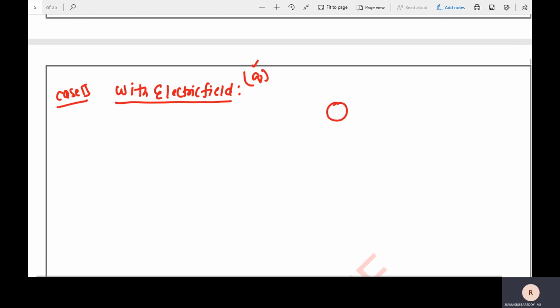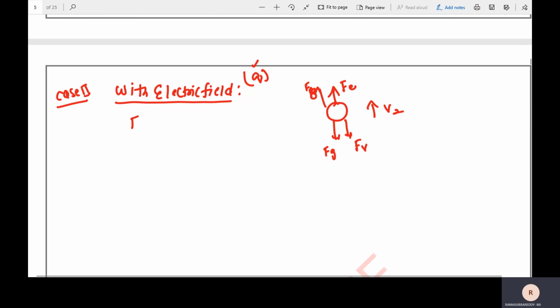In this case, this is our oil drop moving with velocity v2 upward. It experiences electric force upward and buoyancy force upward, and gravitational force downward and viscous force downward. Now the net force is 0. In this case, the upward force is equal to the downward force.